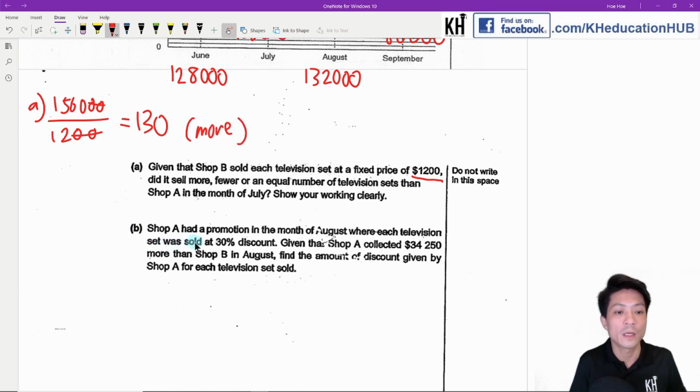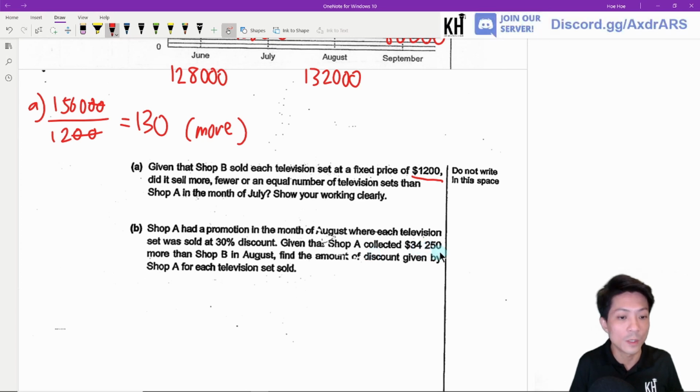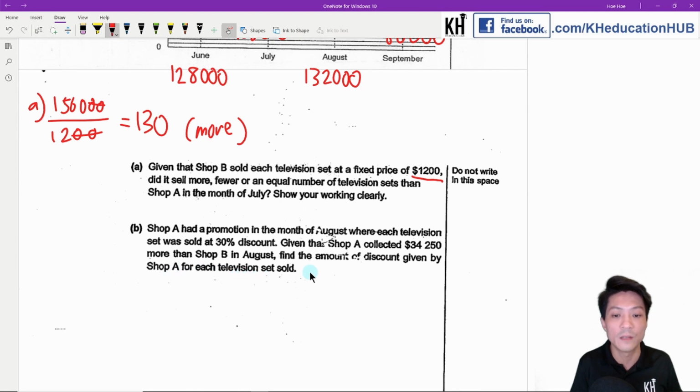Part B. Shop A had a promotion in the month of August where each television set was sold at 30% discount. Given that shop A collected $34,250 more than shop B in August, find the amount of discount given by shop A for each television set sold.